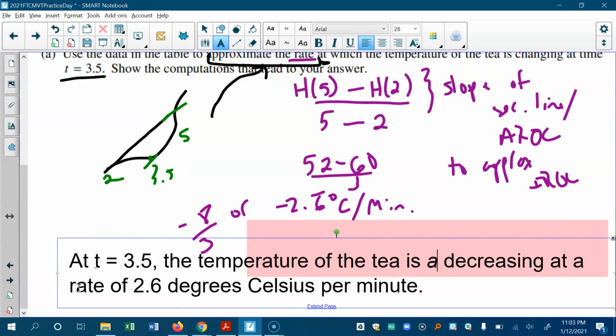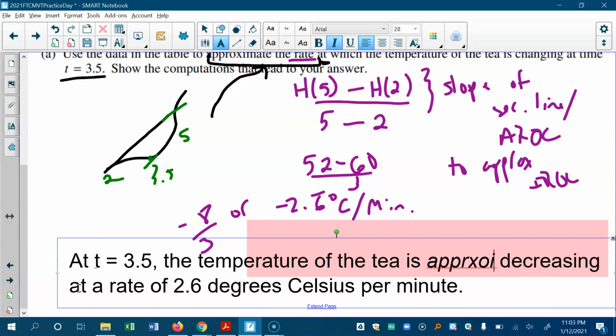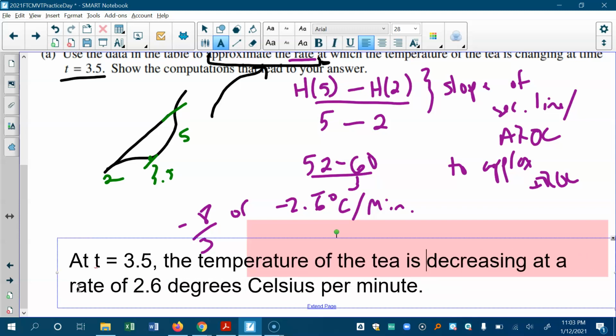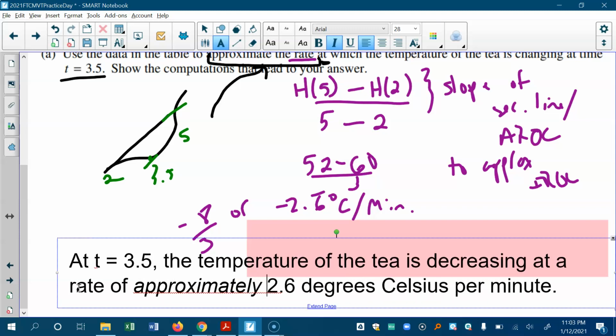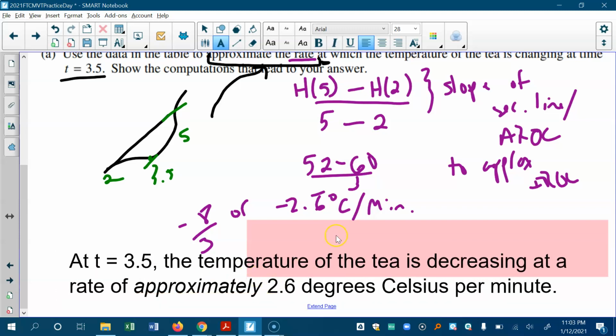And I'm going to add a keyword here: approximately decreasing, or is decreasing at approximately. Okay, so that's the answer here.